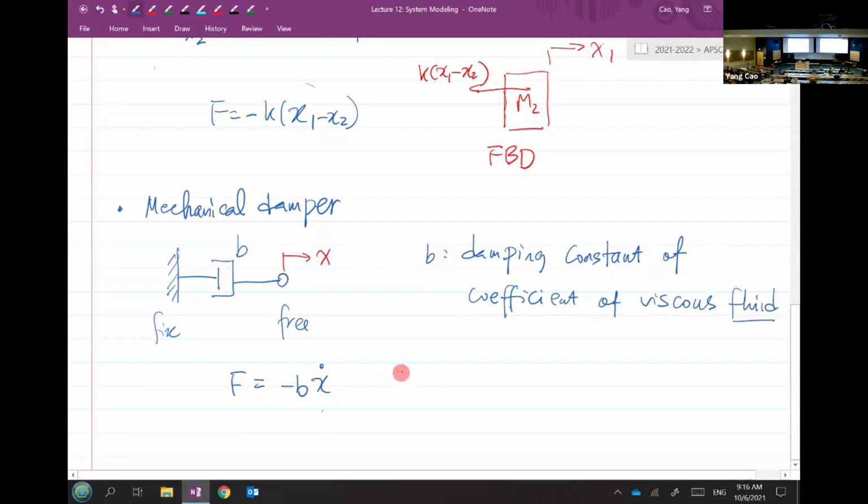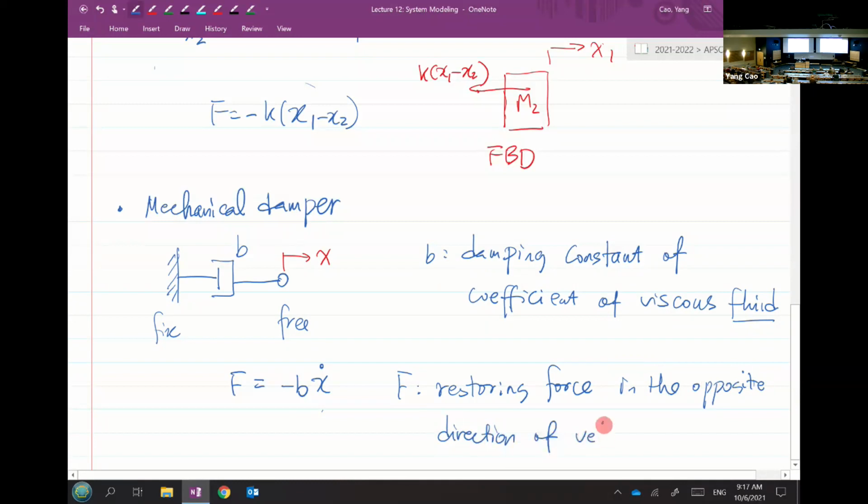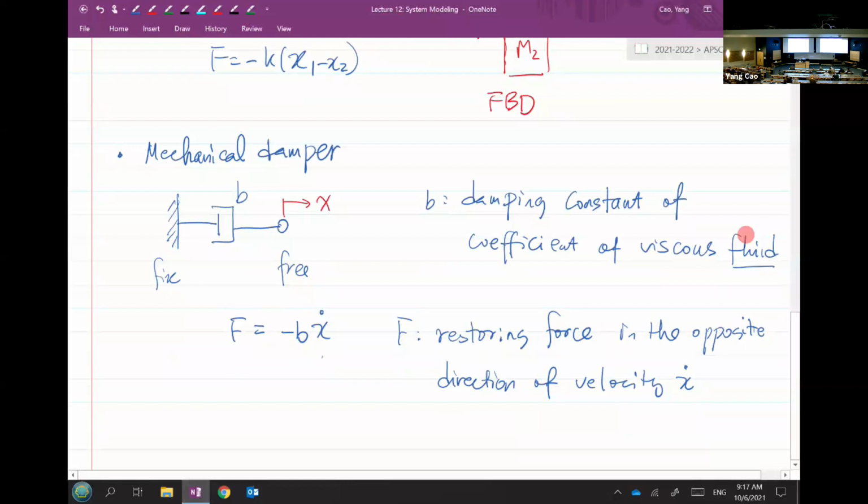And again, this F here is the restoring force in the opposite direction of velocity. So that's the nature of a damper here.